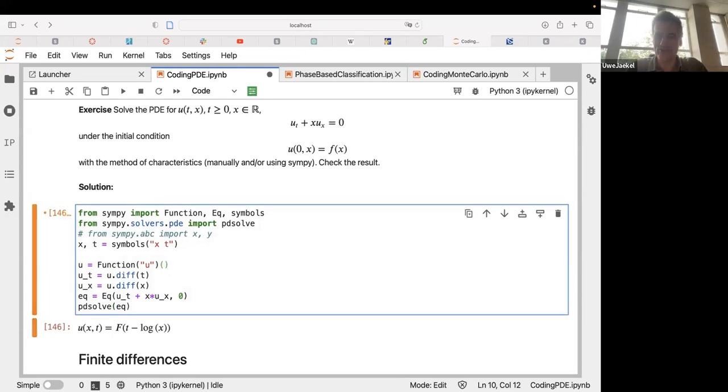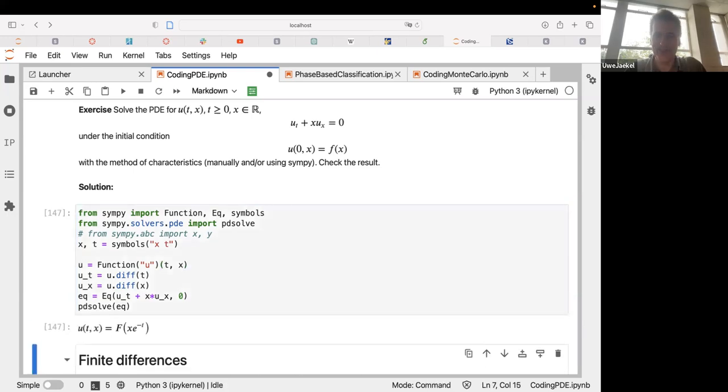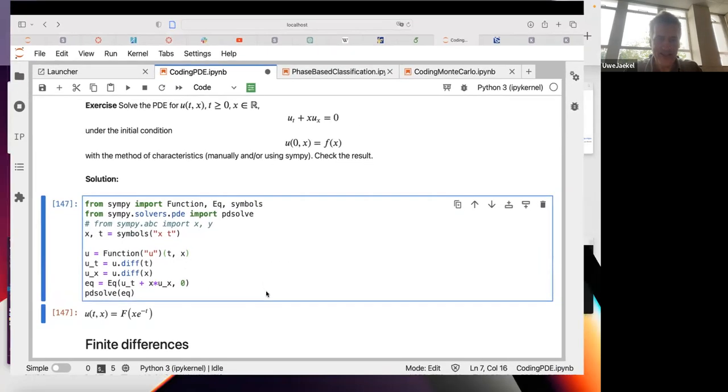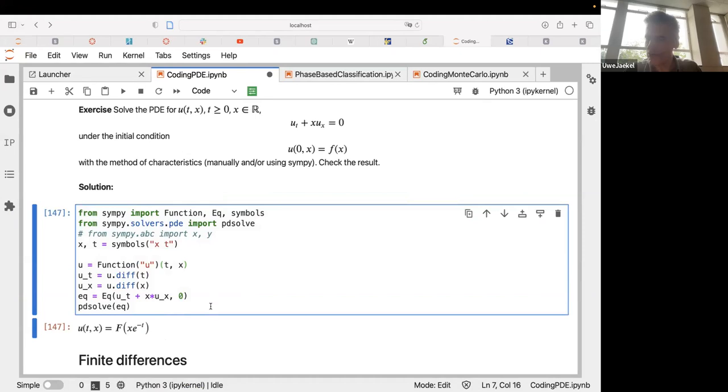Of course, the solution should not depend on the order of the parameters, because this defines the same problem. So I guess Michael had reversed this. Both solutions are correct. If Michael checks his solution, it will also be correct.